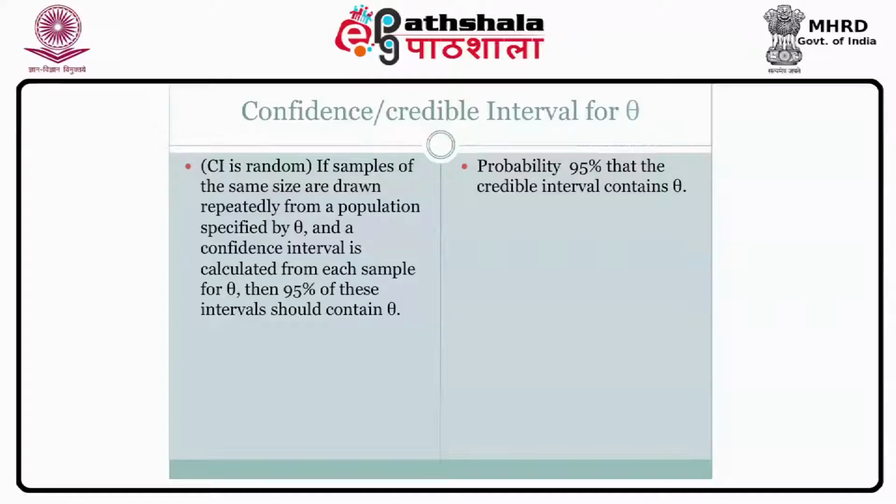On the contrary, the Bayesian counterpart of the confidence interval is what we call the credible interval. The credibility concept comes because of the variation in the prior. What strong prior you take depends on how credible it is. So when you consider the credible interval for theta, it makes sense to give a probability statement about that random parameter theta.